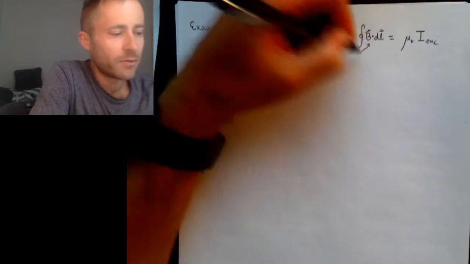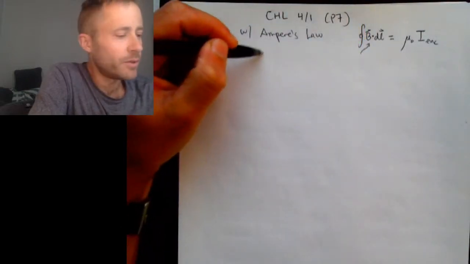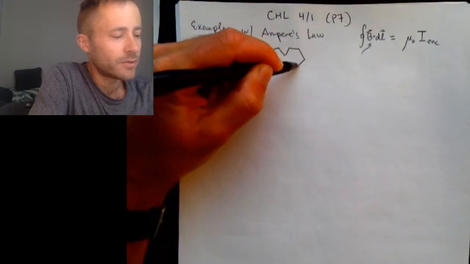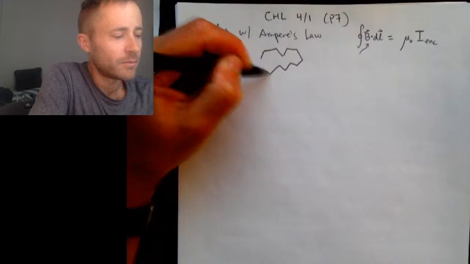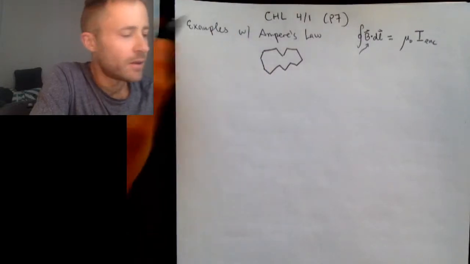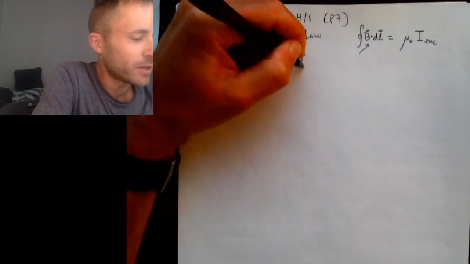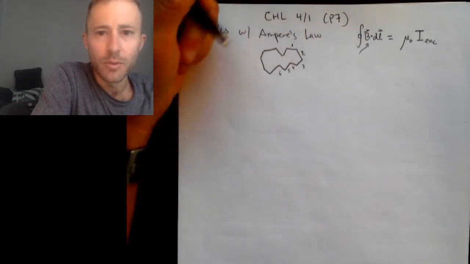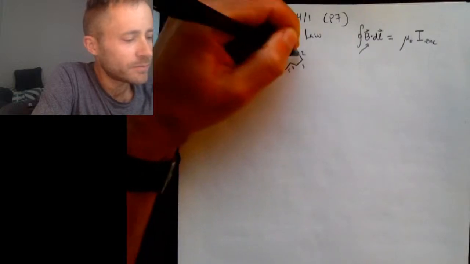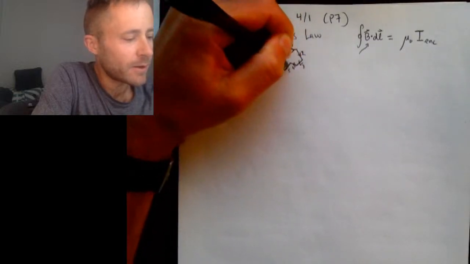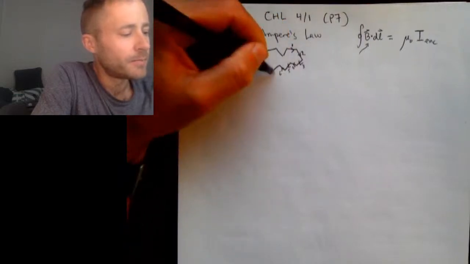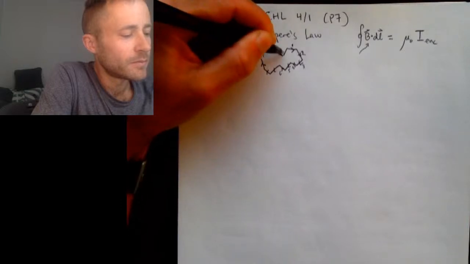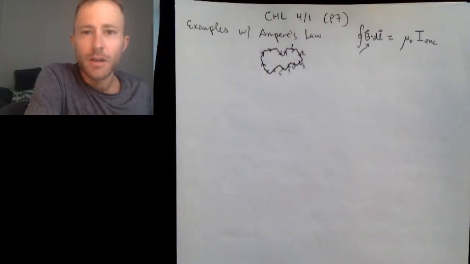Well, if you have some loop, it's going to be made up out of various segments. Okay, and we could number each of those segments. The loop has a direction. Like that.